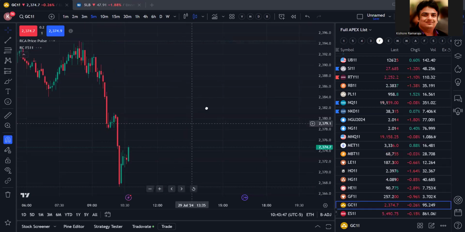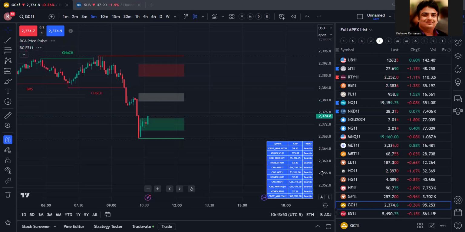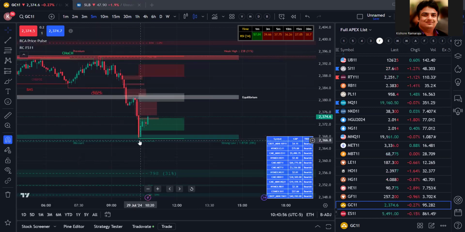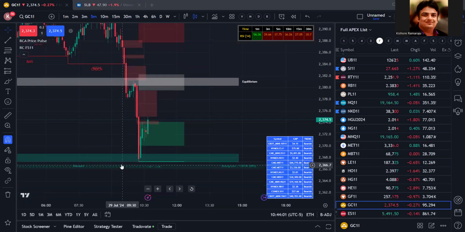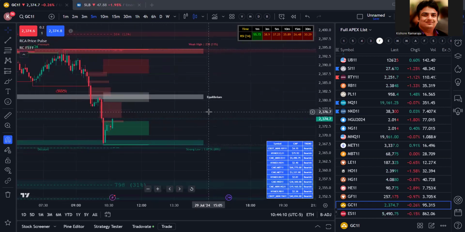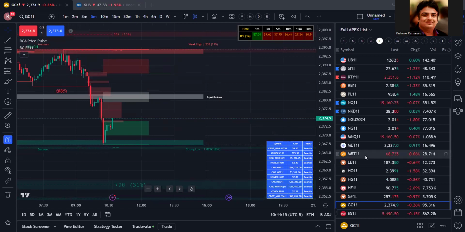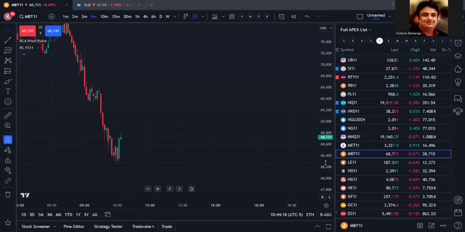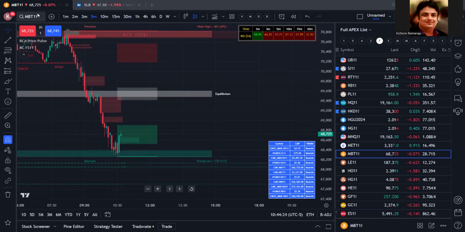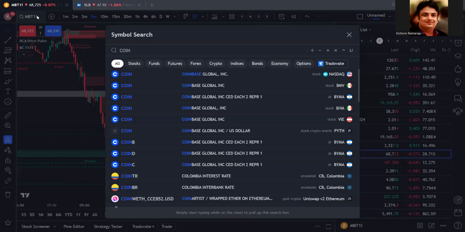GC also may start moving up. Overall, it was a bullish ticker. We came to the bottom, touched the support. Bitcoin is moving good.